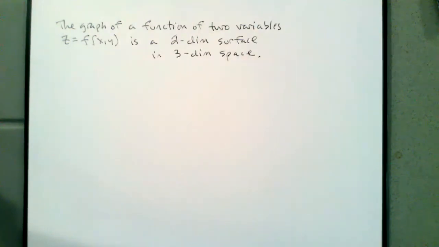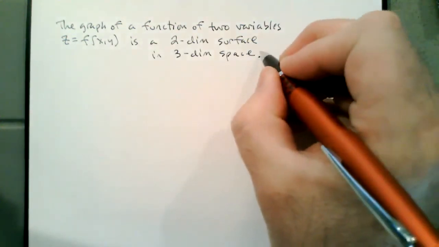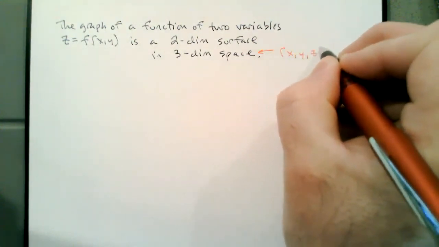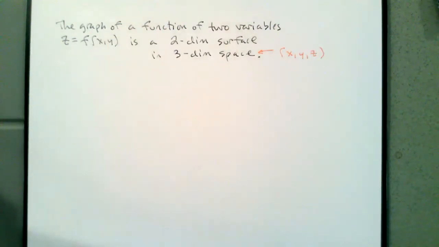All the points on this surface, everything that satisfies this function, has an x, y, and z. That's why we know it's three-dimensional space, because the points are all of the form x, y, and z. It's a two-dimensional surface because a function is only going to return one value. And so z will be the height of the surface above any point x, y in the xy plane.